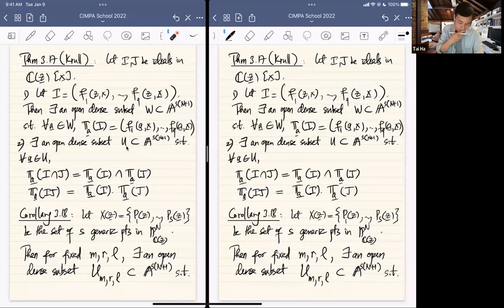So I haven't thought about it. What I do know is that one containment is always true for any ideal. If I remember correctly, this containment is always true. And for the other containment, you need A to be inside some open subset, and this open subset depends on the choice of I and J. Now, I don't know what happens if I and J are independent.